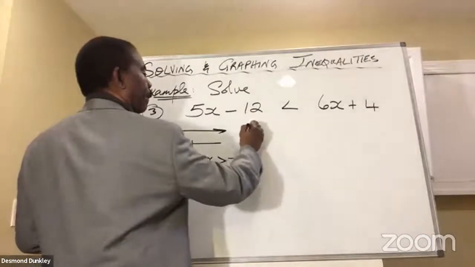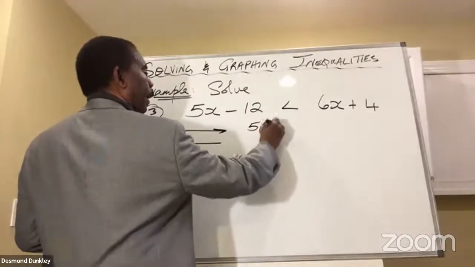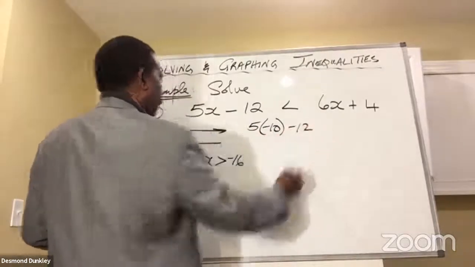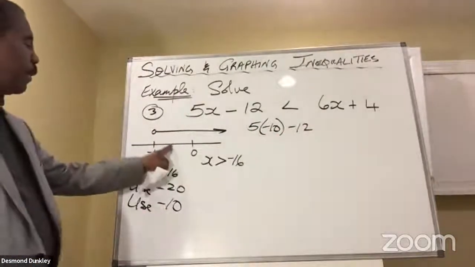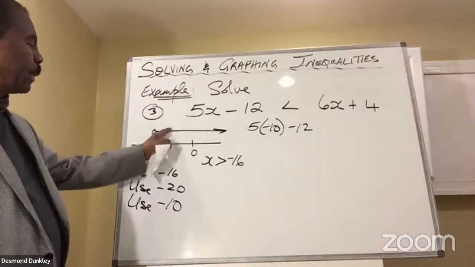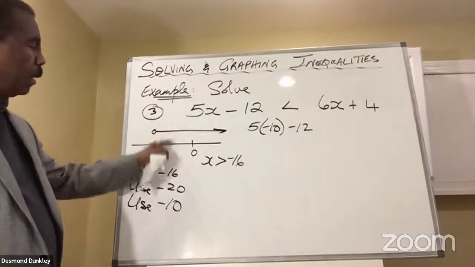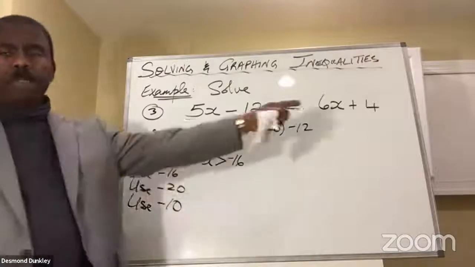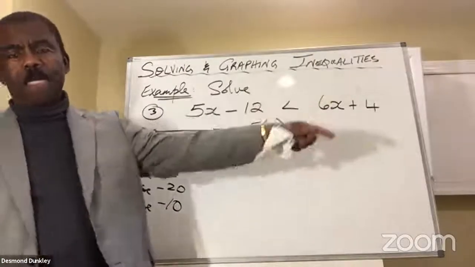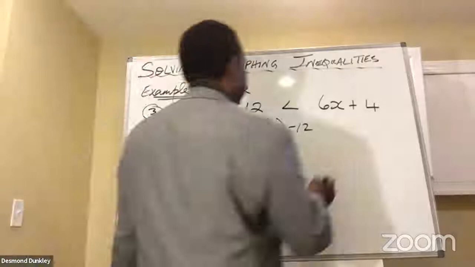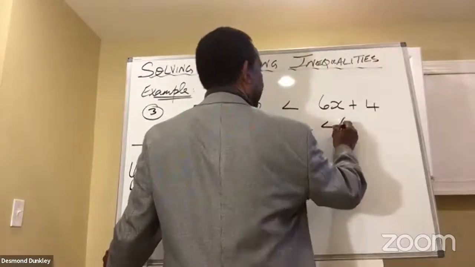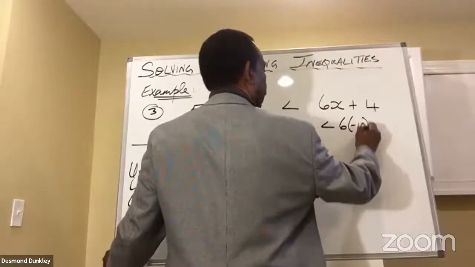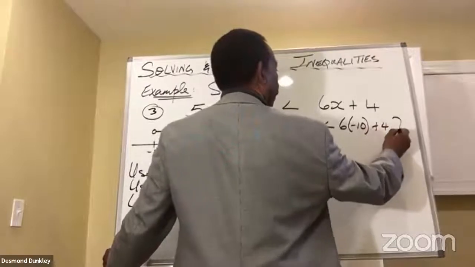So 5 times negative 10 minus 12. Now negative 10 is here, so we expect it to succeed. We expect it to work because it's in the range above negative 16. So is that less than 6 times negative 10 plus 4?